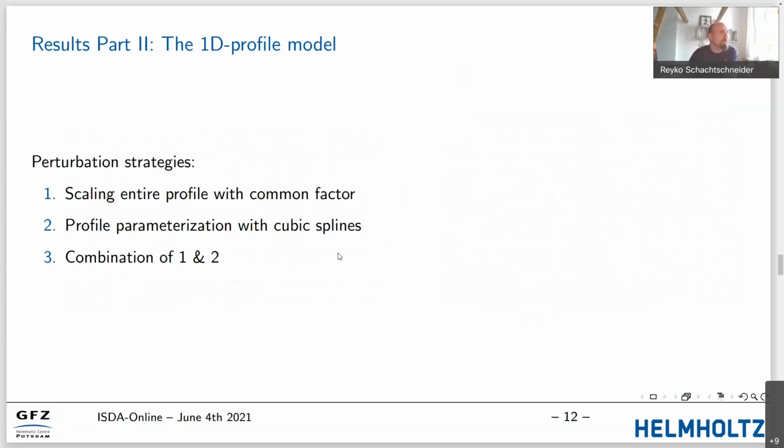The first strategy was to just scale the profile with a common factor, and in the second part we try to also change the shape of the profile by parameterizing with cubic splines and changing the spline knots, and the third part is a combination of the first two strategies.